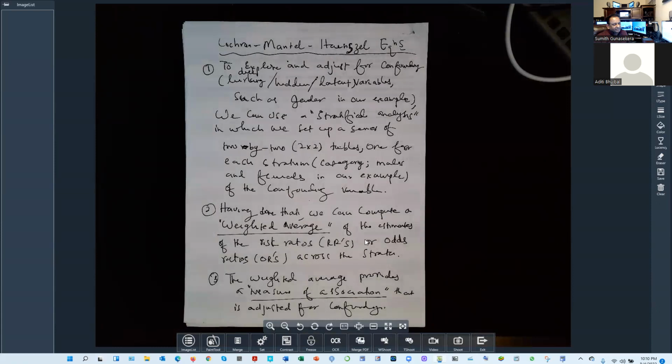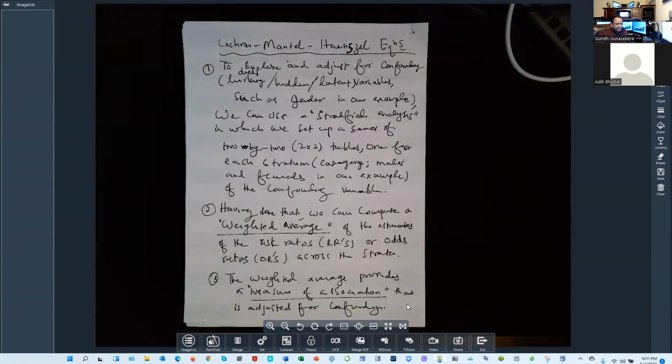Relative risk, risk ratio, or odds ratio. Relative risk or risk ratio, same abbreviation. Across the strata, the weighted average provides a measure of association that is adjusted for confounding.